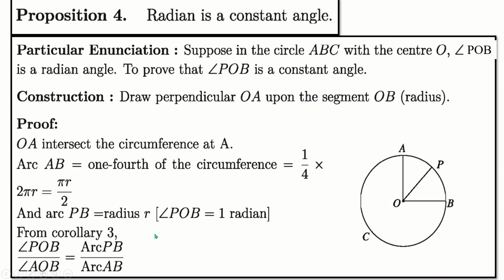And we know the corollary theorem: angle POB and another angle AOB, this angle divided by this angle is equal to the arc PB divided by arc AB. That means the ratio of the angles is equal to the ratio of the arcs which produce them. Clear?